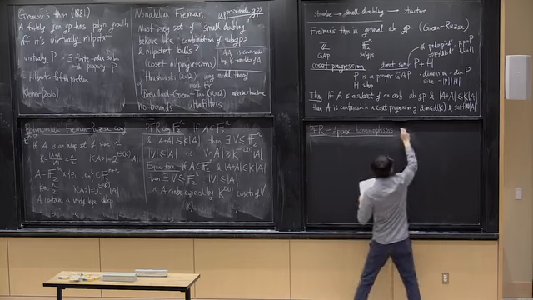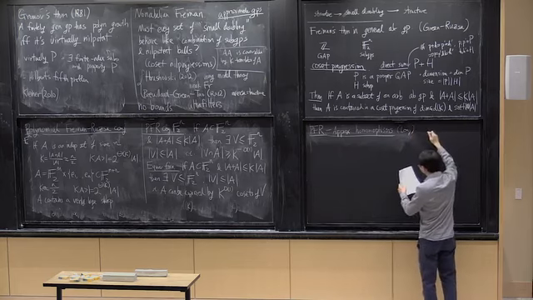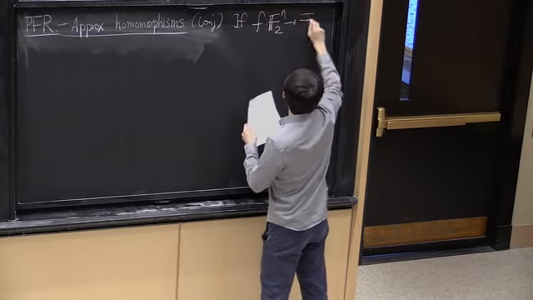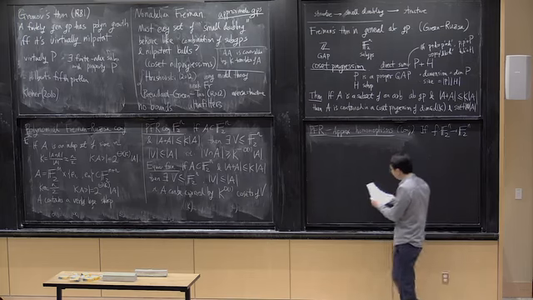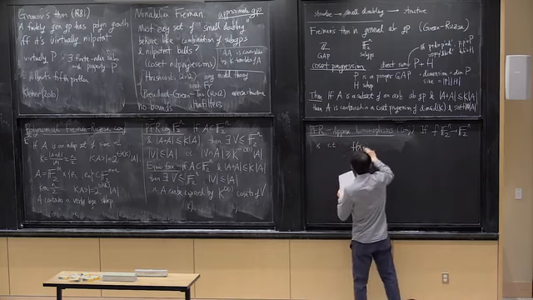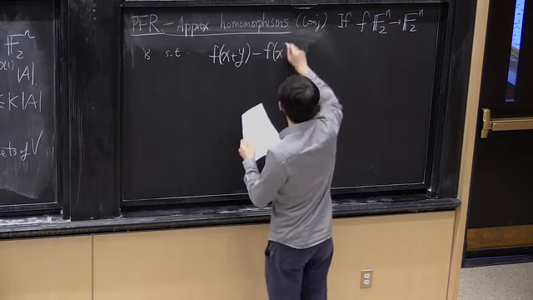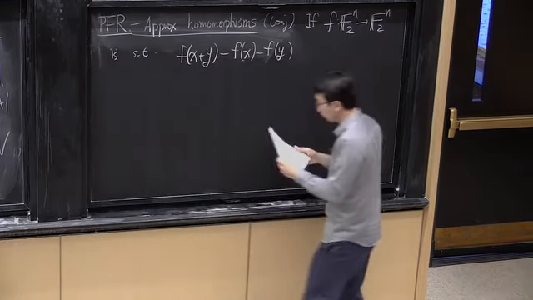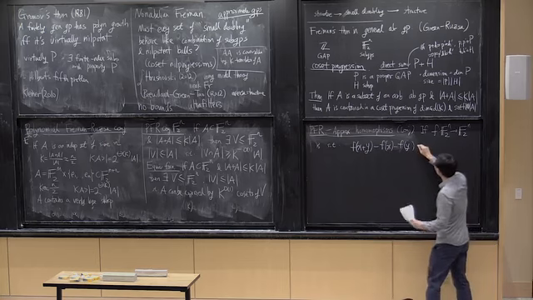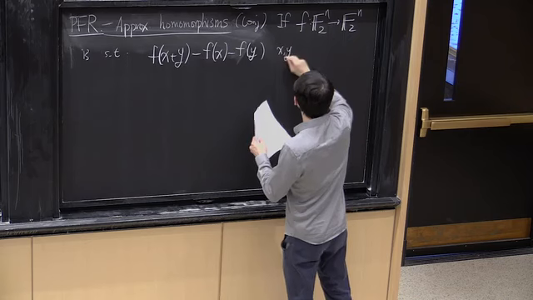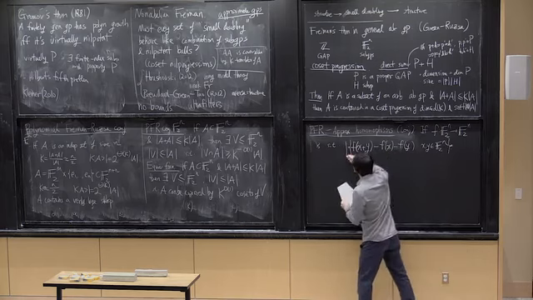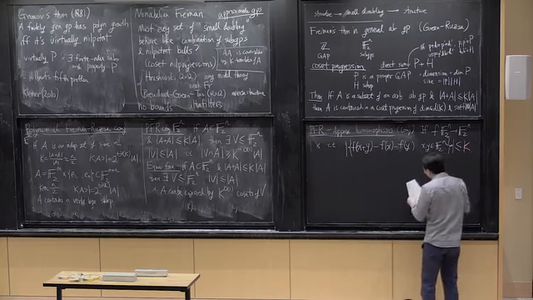The statement, which is still a conjecture, is that if f is a function from a Boolean space to another Boolean space such that f is approximately a homomorphism, in the sense that the set of possible errors is bounded by K in size. If it's actually a homomorphism, then this quantity is always equal to 0.